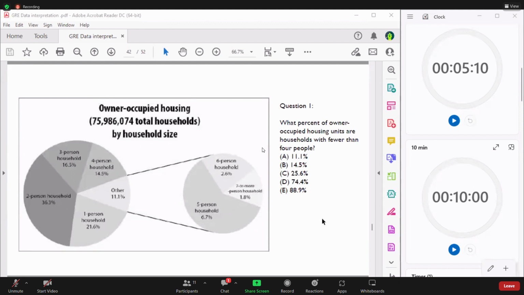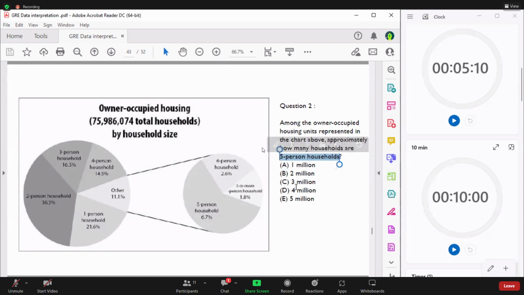So it will be 21 plus 36 plus 16, which will give us 73. So 74% basically, somewhere around 73, 74.